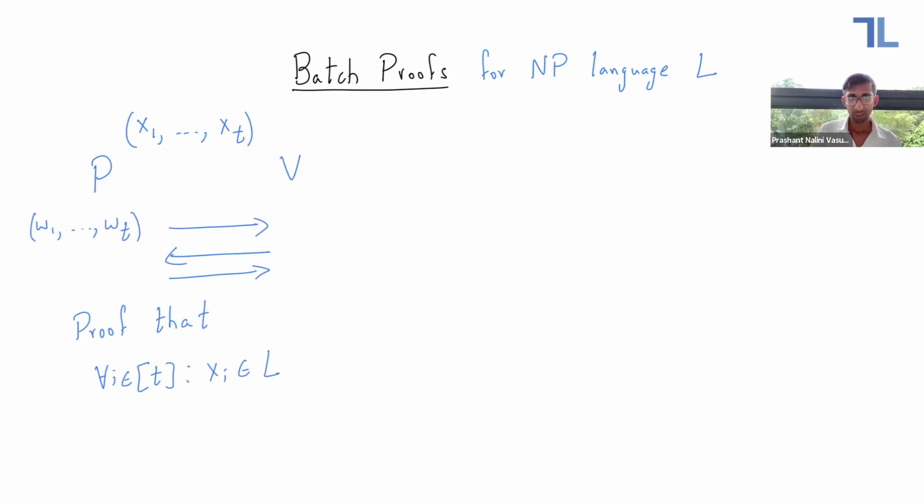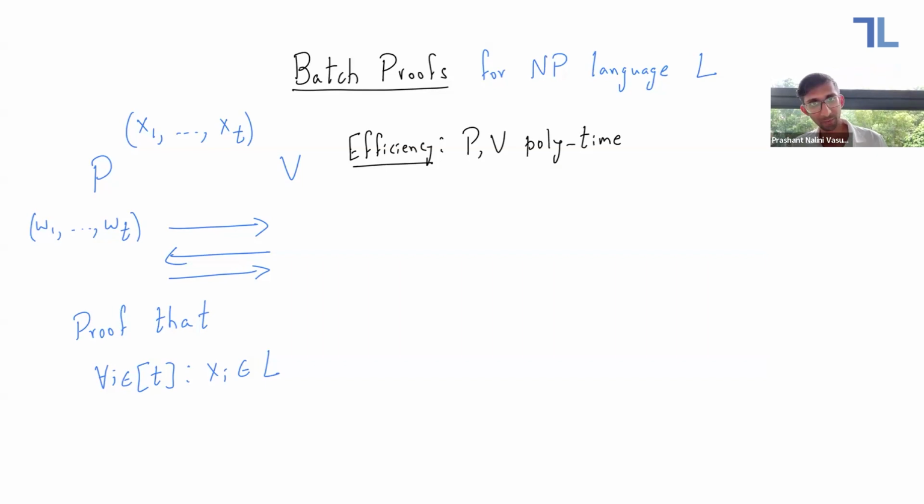I'm going to require the following properties. I'm going to require that both the prover and the verifier are polynomial time algorithms. Of course, it's still non-trivial because the prover has these secret witnesses. Without that, it perhaps isn't meaningful to say both of them are polynomial time, but the prover has access to these witnesses, so I can ask for both of them to be efficient.